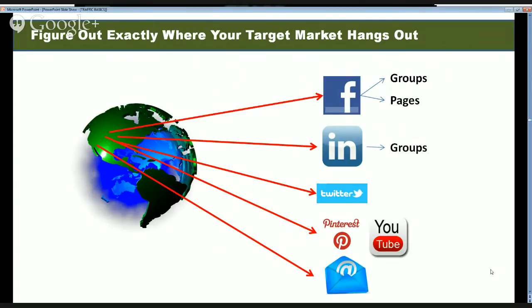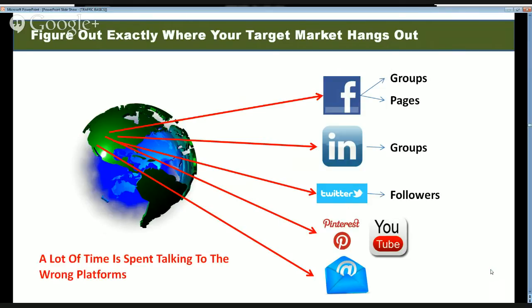In LinkedIn, you can look at different groups. In Twitter, you can find different followers. Okay, those are things that you can look for to qualify your market. But in general, a lot of time is wasted talking to the wrong platforms.